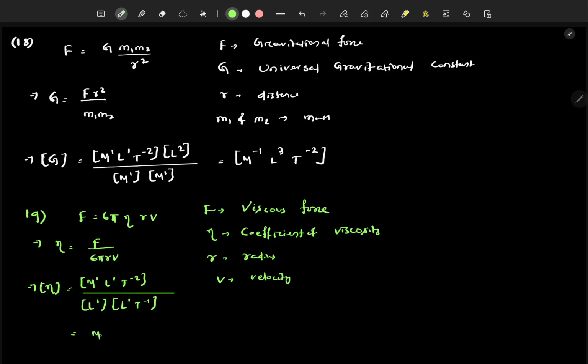So after solving you will get M power 1, L power 1 minus 1, that is 0... in the denominator L power 2, T power minus 2 plus 1, that is minus 1. So M¹L⁻¹T⁻¹ are the dimensions of coefficient of viscosity η in terms of mass, length, time respectively. This is quantity number 19.